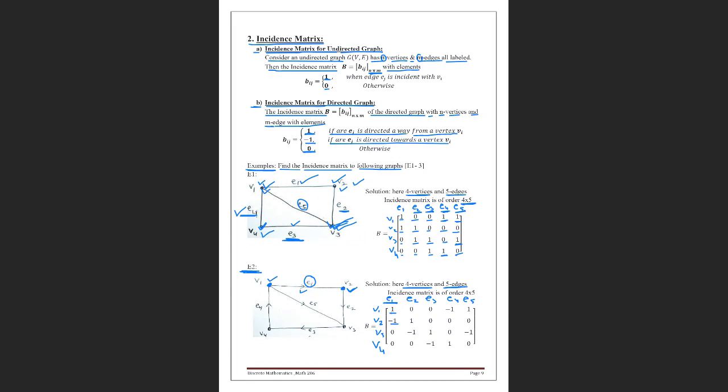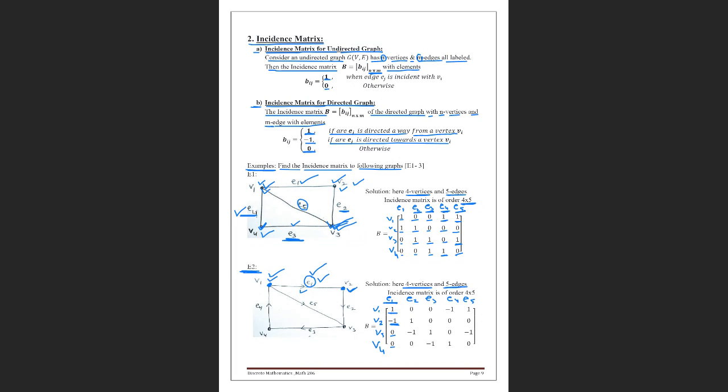See this edge E1 coming to V2, so V2 is -1 here, and this edge E1 going from V1, so V1 is +1, and the rest is 0.